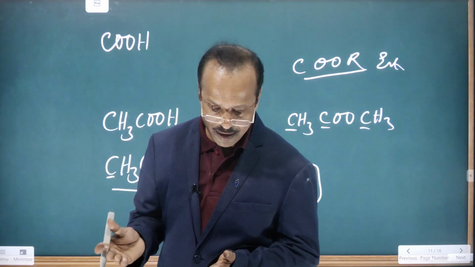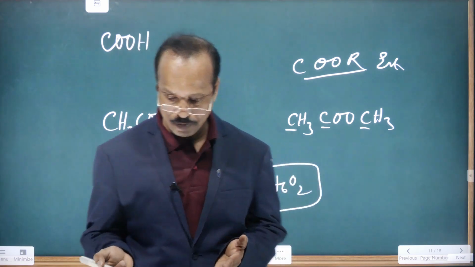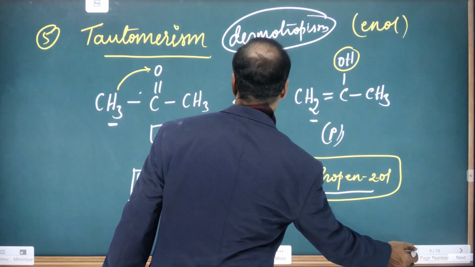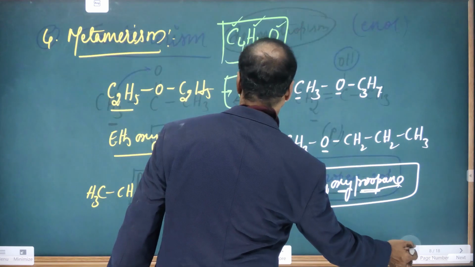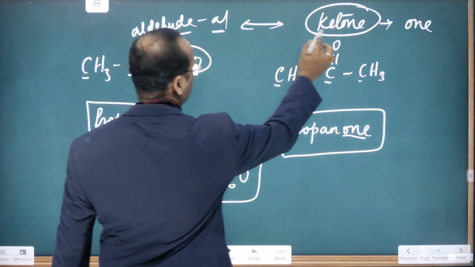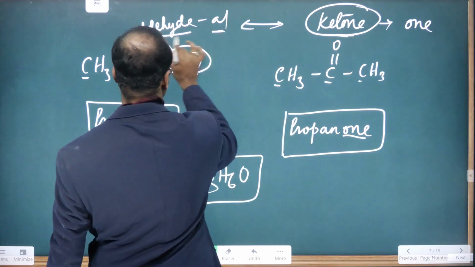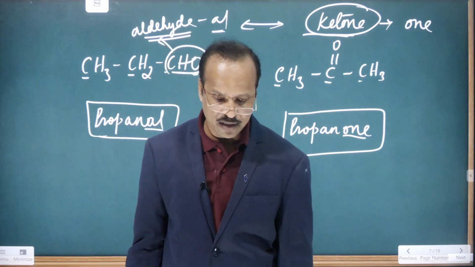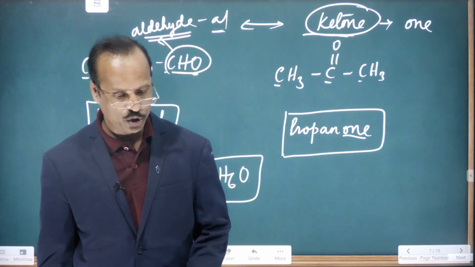Aldehydes are isomers with, just as I told you, aldehydes show functional isomerism with the ketone. So the option is 2. The eighth one is 2.